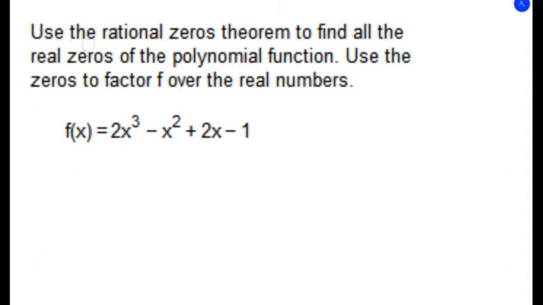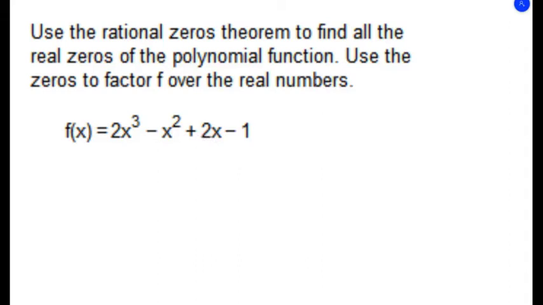In this example, we want to use the rational zeros theorem to find all of the real zeros of the polynomial function. Use the zeros to factor f over the real numbers. Our polynomial function is f of x equals 2x cubed minus x squared plus 2x minus 1.